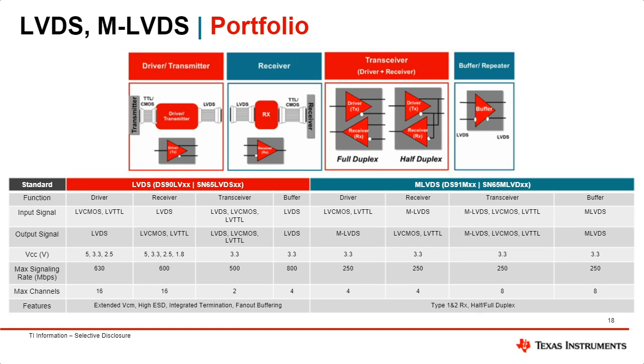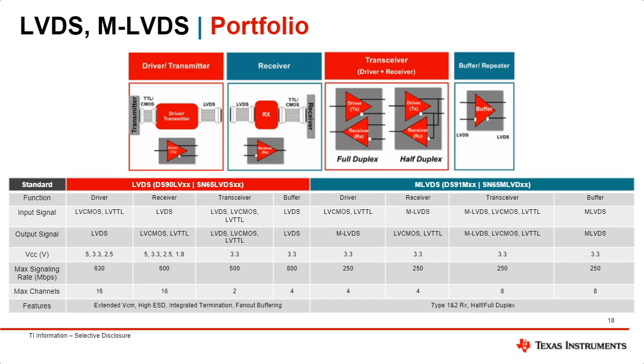The bottom table shows a summary across the different features and types of devices in both protocols, LVDS and MLVDS. On the LVDS side, we have many different devices ranging from various voltages, 5 volt, 3.3 volt, in cases down to 1.8 volt, various different signaling rates, channel counts ranging from a single channel all the way up to 16 for drivers and receivers.